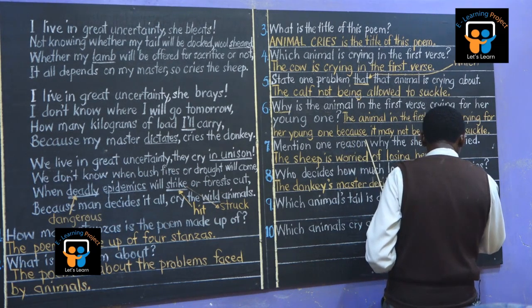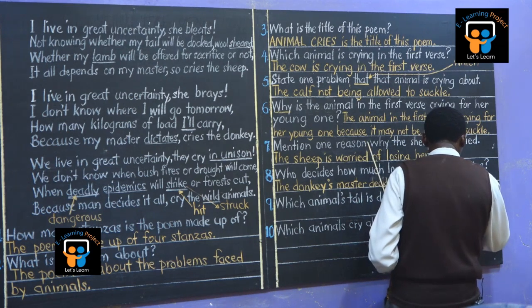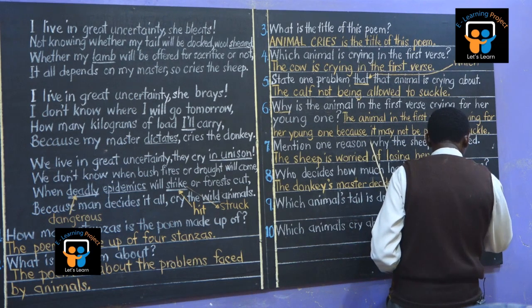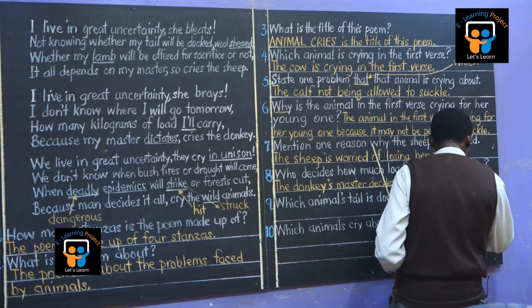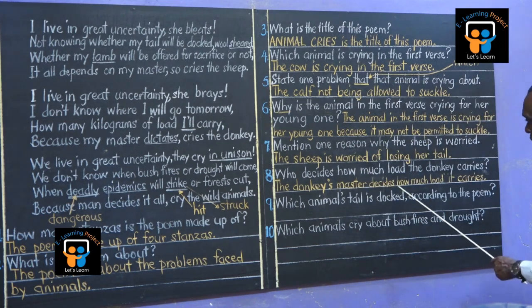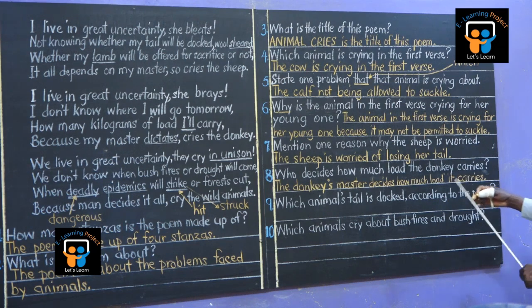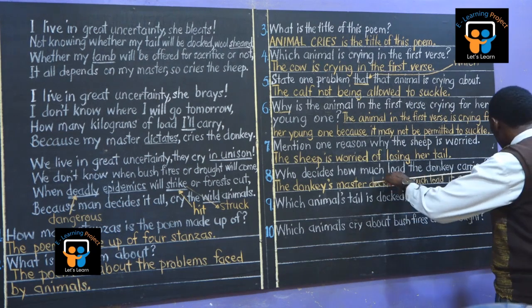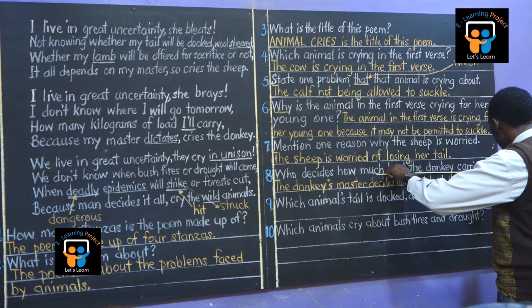With the 200 kilograms, you add that 60 also, so that he carries 200. We don't have any problem. So the donkey's master decides how much load it carries. The question is, it carries, not it will carry. Be careful. In the question, we have it carries.